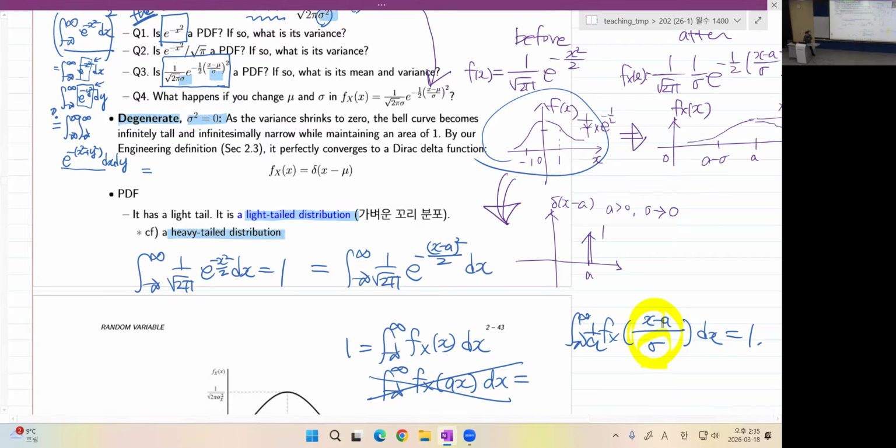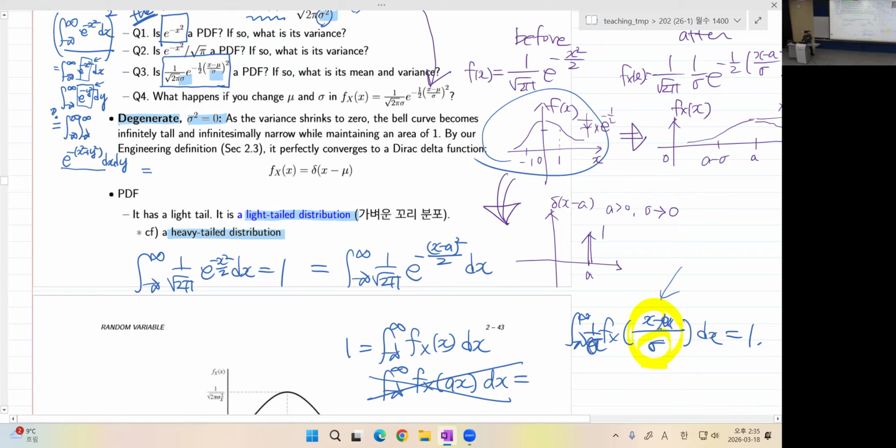And more generally, let me use mu here and sigma here. Got it? So you replace x with x minus mu divided by sigma, and you replace a, then you have the same integration. Got it? And what happens if you increase sigma from 1? Your function disperses. And if you change the mu value, then your function shifts to the right or left.